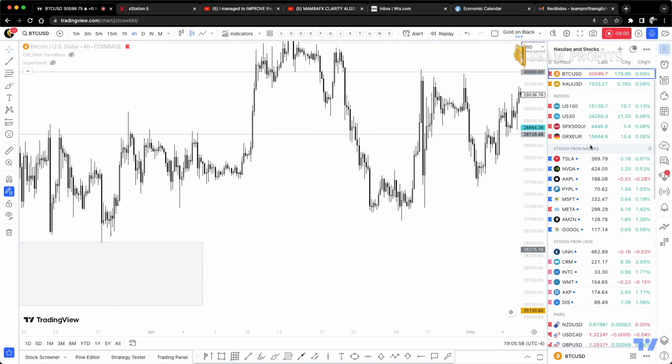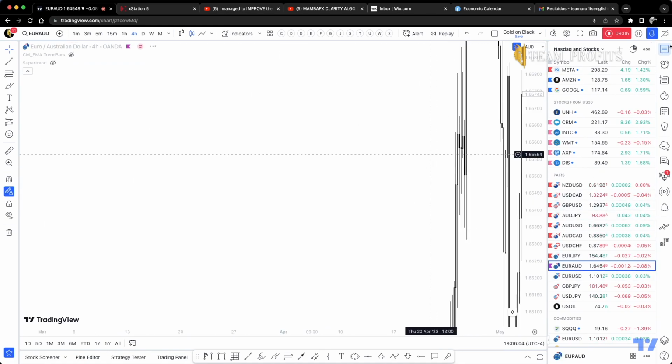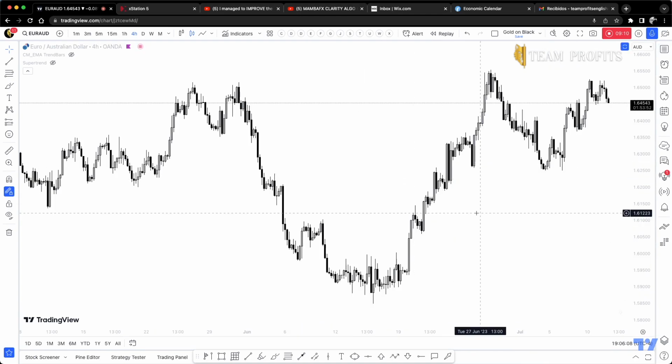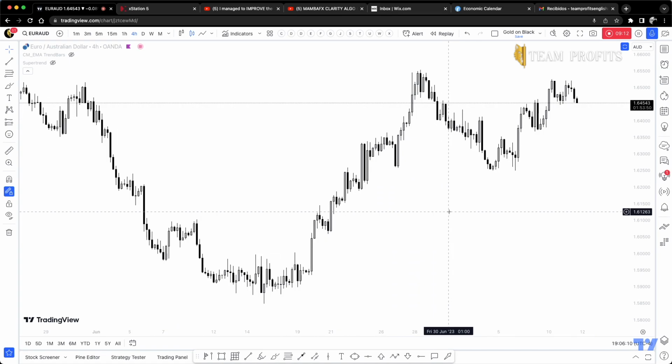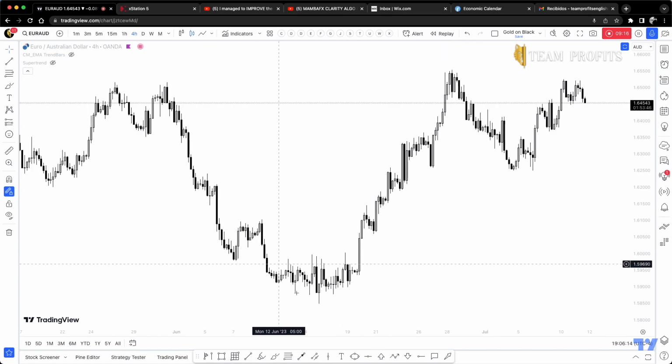Let's go to a currency pair. I'm seeing there was a strong trend right here. Price consolidated and then skyrocketed, pushed up, and then pulled back.